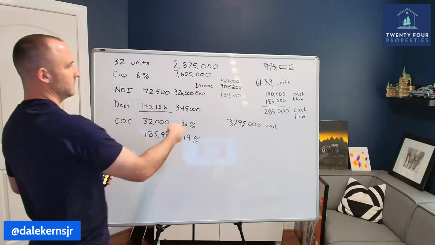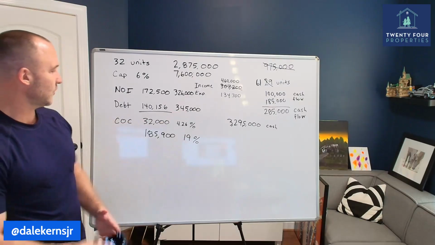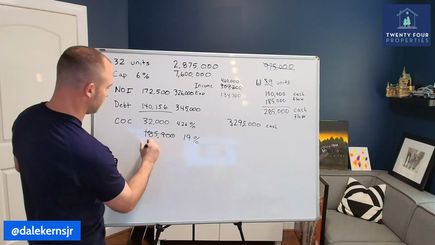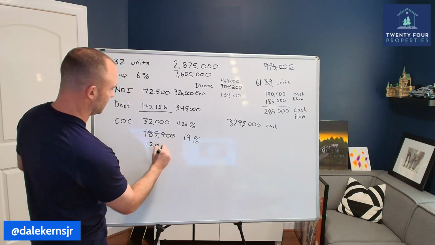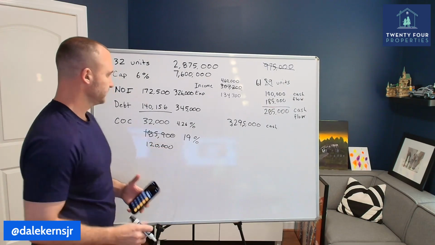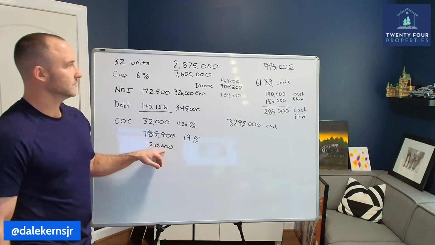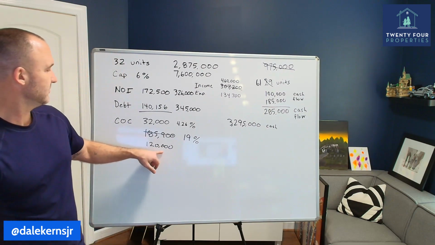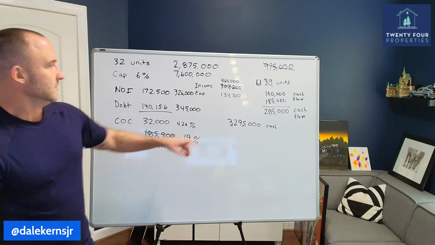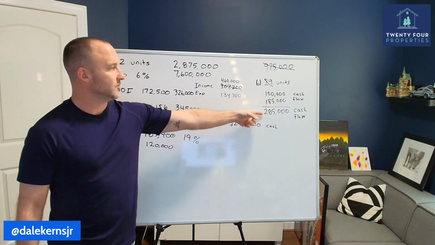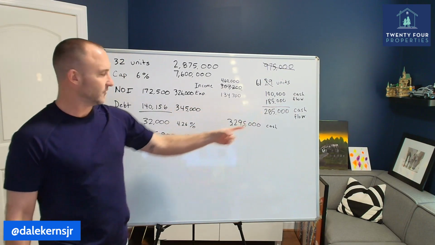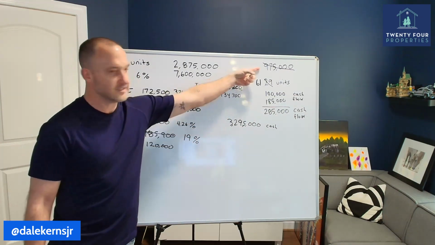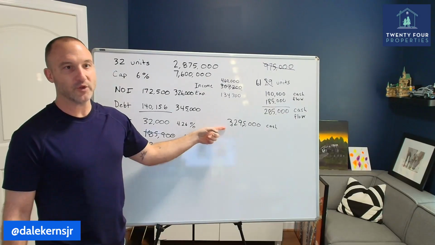So it's 120,000. So this goes down to 120. So it'll be $220,000 in cash flow. And instead of 975, now we have 3.295.